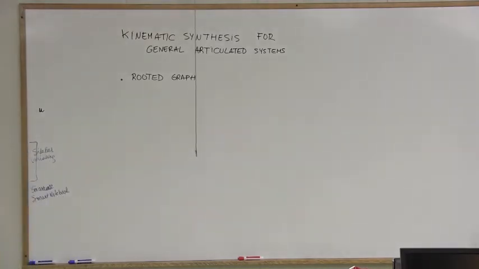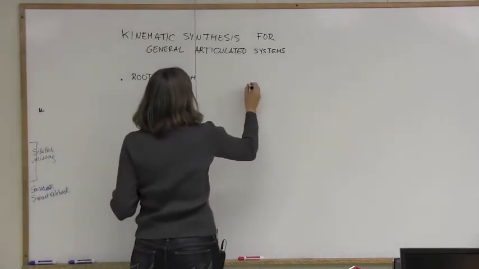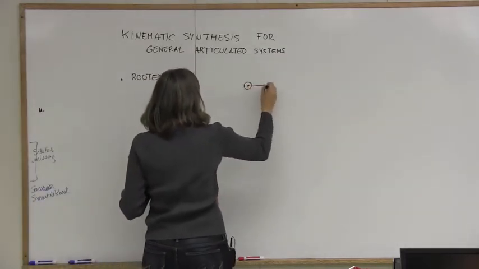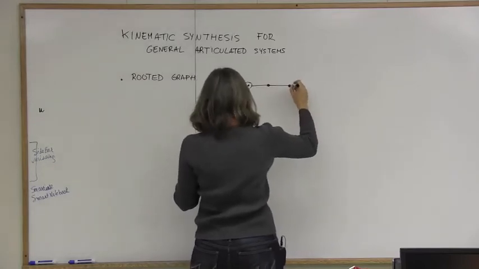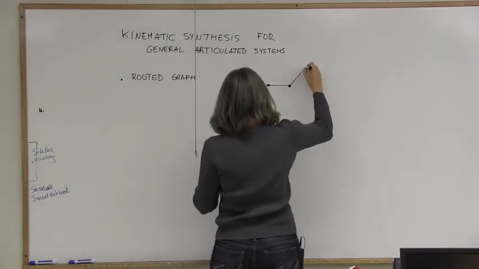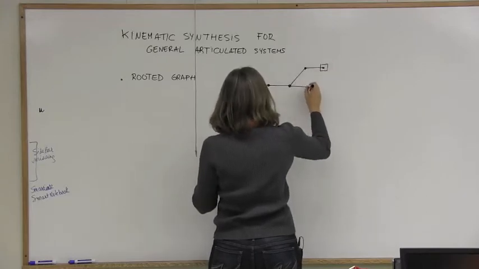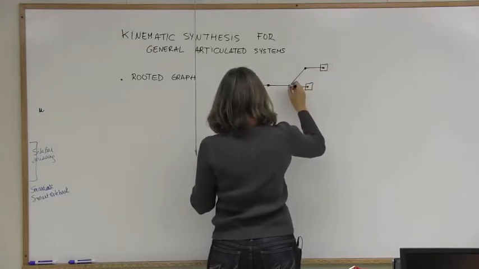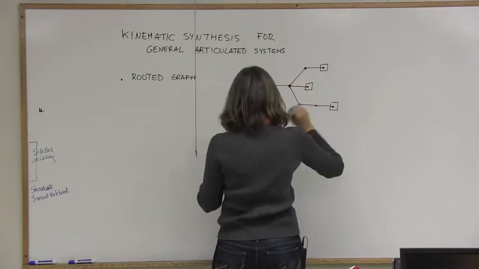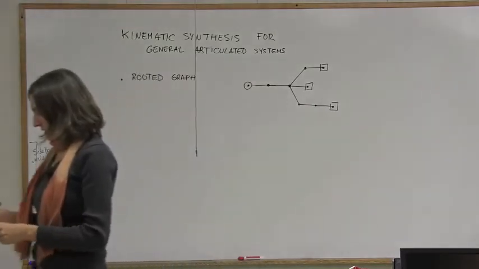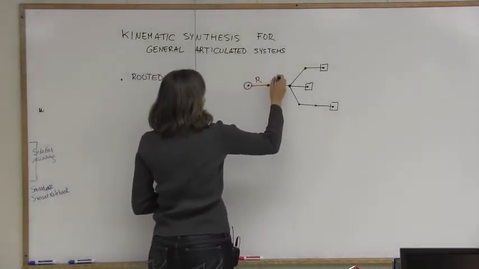So let me just put an example that I have here. This is just a random case: R, P, S, S, S, R, R. So there is a possible graph.